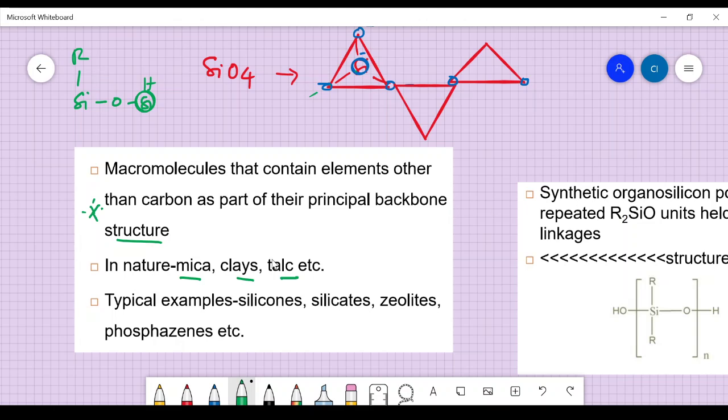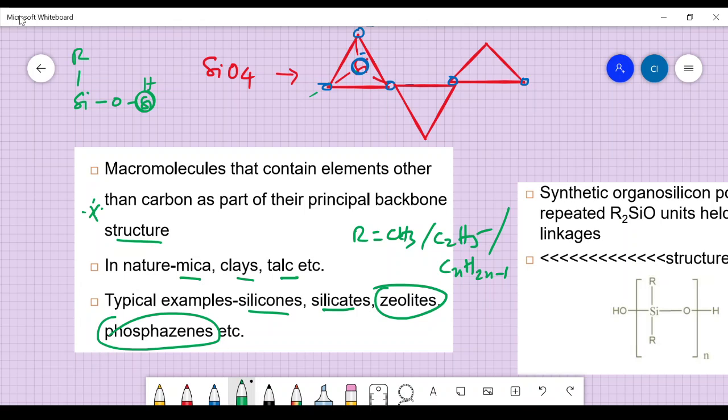But they have different substituents, where you can use R equal to CH3, and you know very well you can go for C2H5 and some CnH2n+1, and it can go on like that. The typical examples include silicones, silicates, zeolites. This is a separate kind of polymer which we are going to see, and phosphazenes are also there.